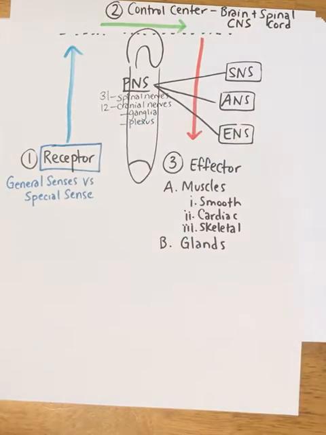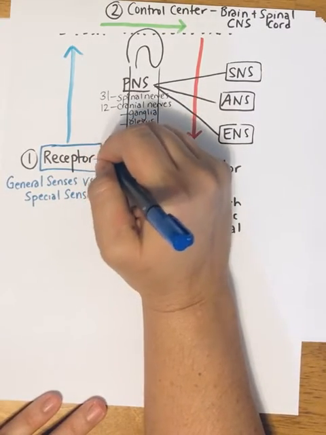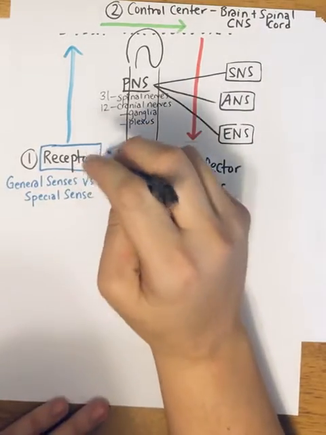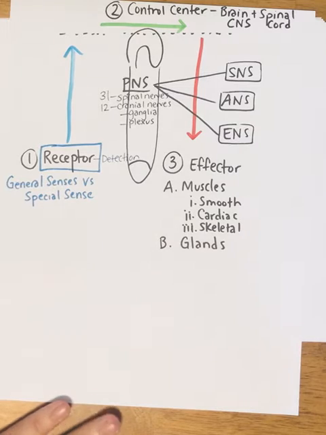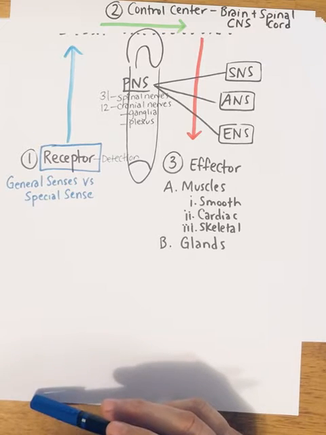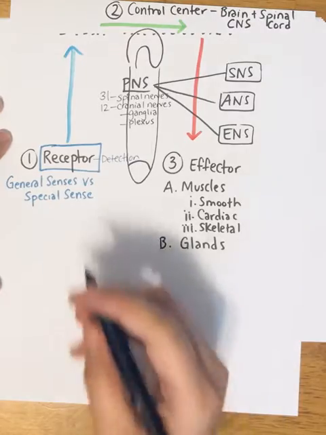And when we say receptor, the receptor is going to detect these senses. It's going to be for detection. Now, we classify receptors in many different ways. So we're going to have a list of basically general senses and special senses that we need to understand which receptors come off of it.